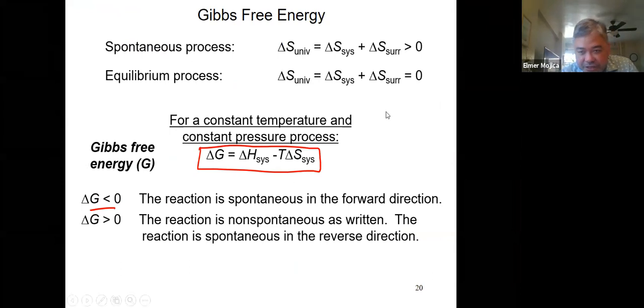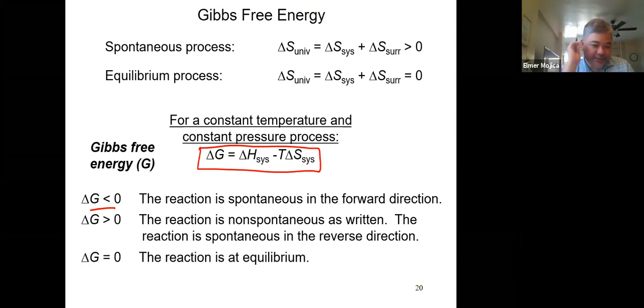If the delta G is greater than 0, the reaction is non-spontaneous as written, but the reverse reaction is spontaneous. And if the delta G is equal to 0, okay, you have a reaction that is at equilibrium.